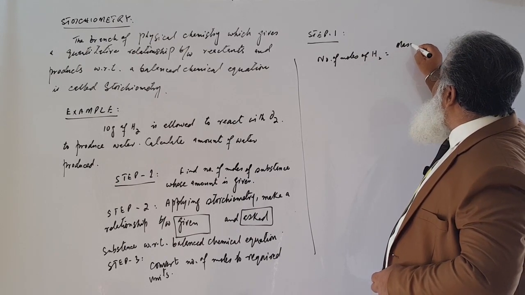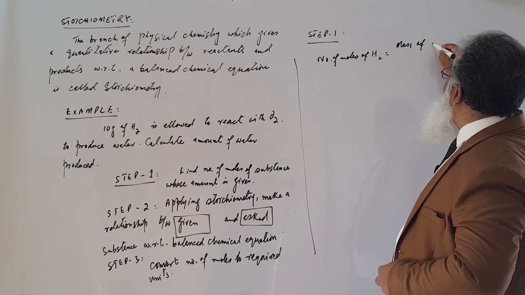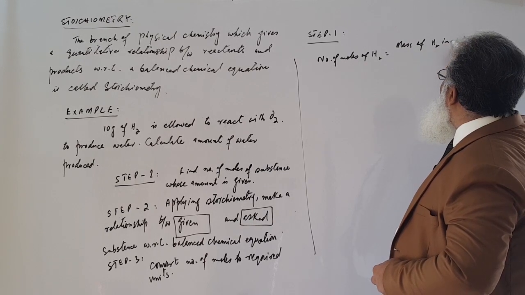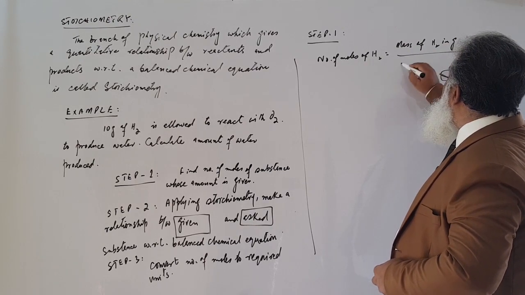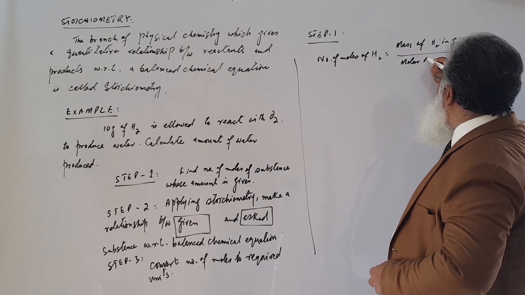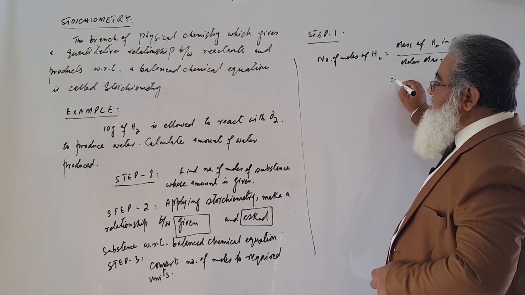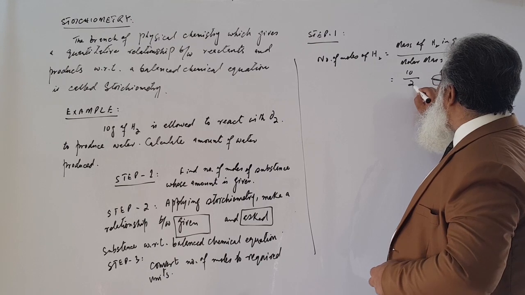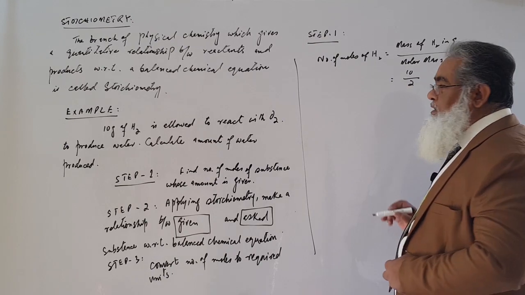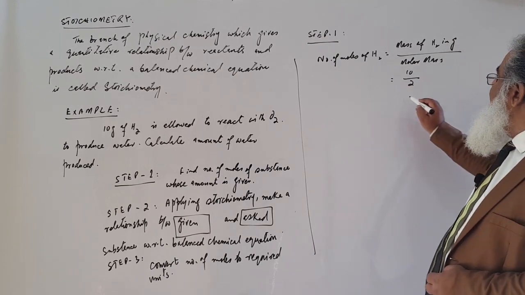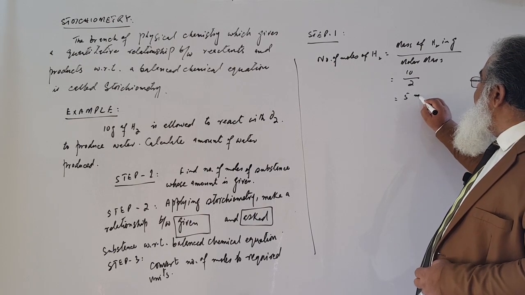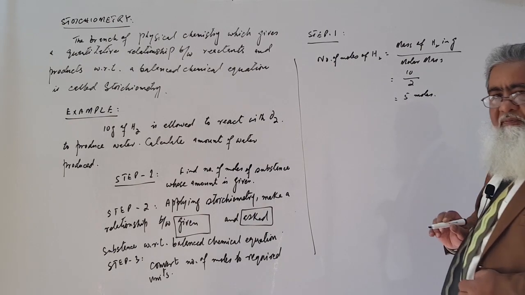The formula applied, we have already studied: mass of hydrogen in gram over its molar mass. Mass of hydrogen given is 10. Molar mass of hydrogen is 2 gram per mole. Hence the answer comes to 5 moles.